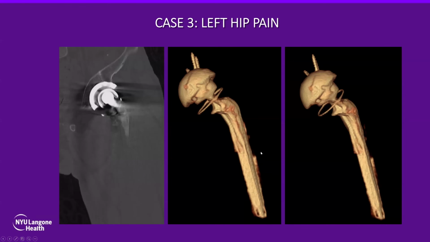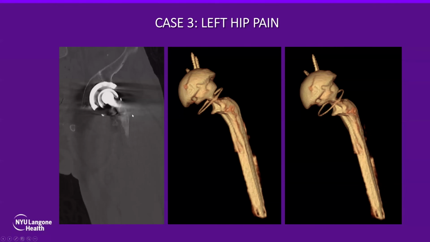So if we do a CT of the same patient, we see that there is the femoral head, then we have one component here, and then we have the acetabular cuff here. So in this case, there is motion between this component and the acetabular component, and one motion between the femoral head and this component here.